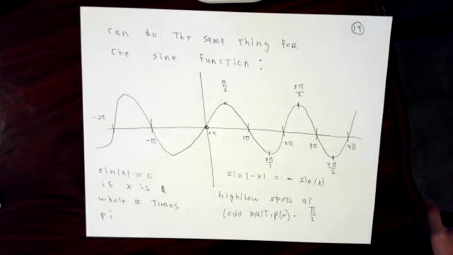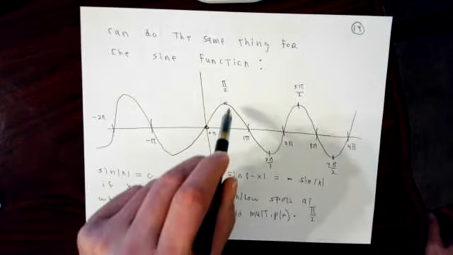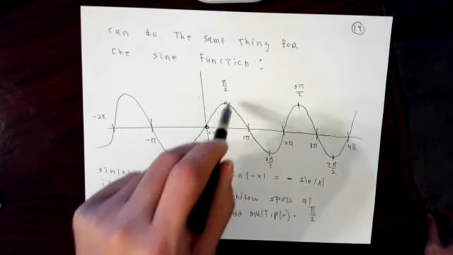Not to make too big a deal of this, you can do exactly the same thing for the sine function, and you get a picture that looks very similar, except now sine of x is going to be 0 when x is a whole number multiple of pi, and instead of sine of negative x being the same as sine of x, they're negatives of each other, which means that this graph is symmetric about the origin.